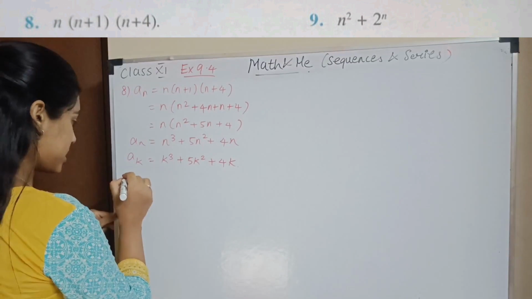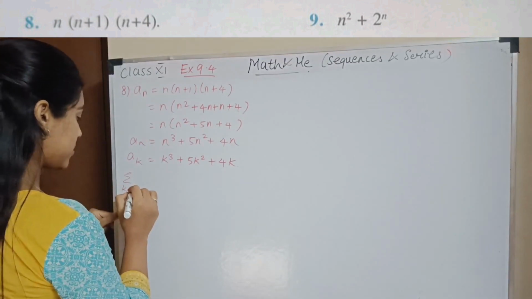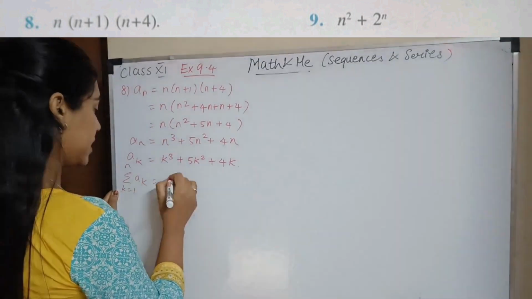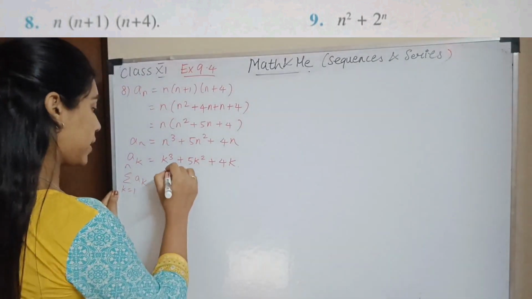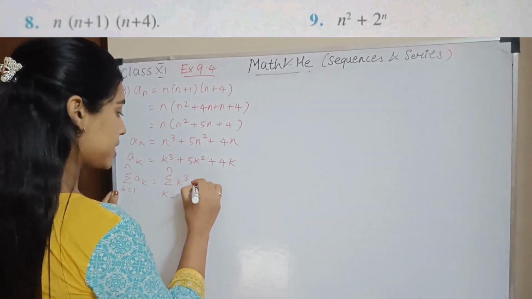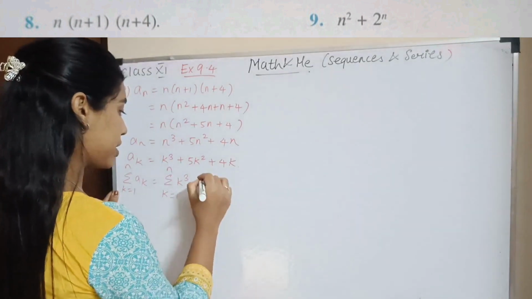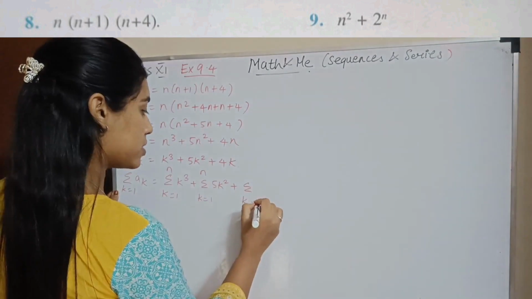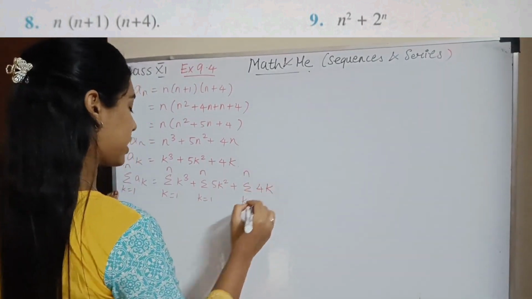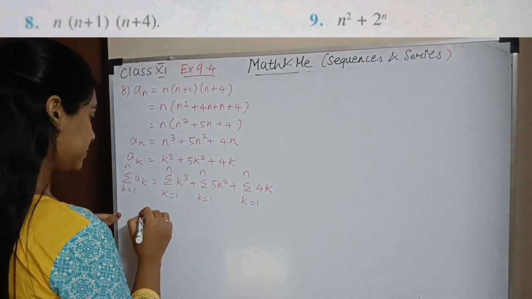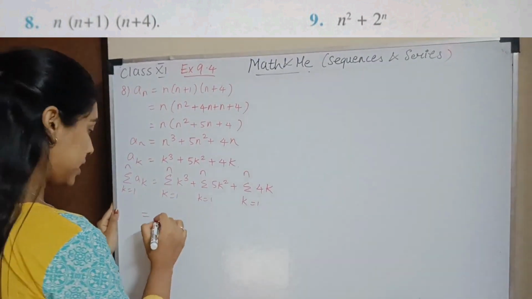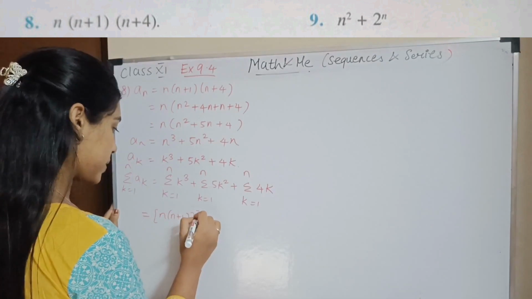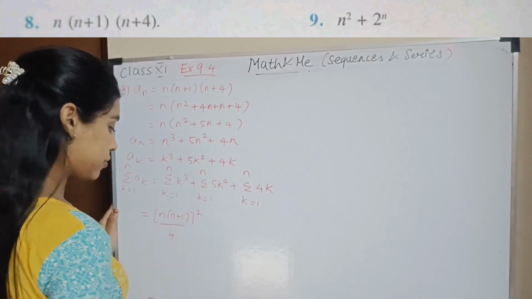Taking summation on both sides, I have sigma k equals 1 to n of ak equals sigma k equals 1 to n of k cube plus sigma k equals 1 to n of 5k square plus sigma k equals 1 to n of 4k. So what do I have? k cube, it is n into n plus 1 the whole square divided by 4.